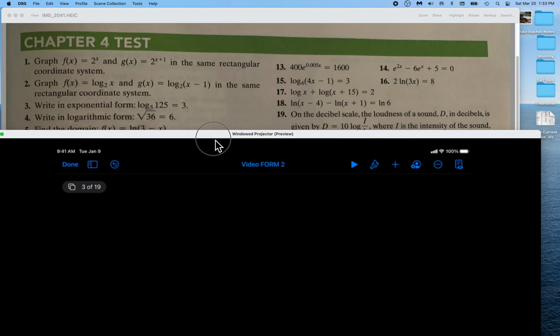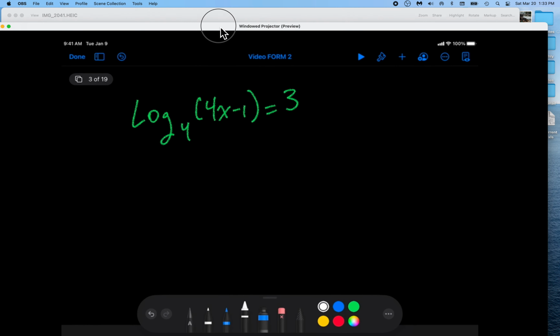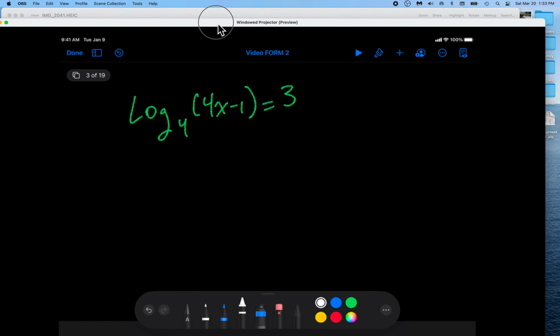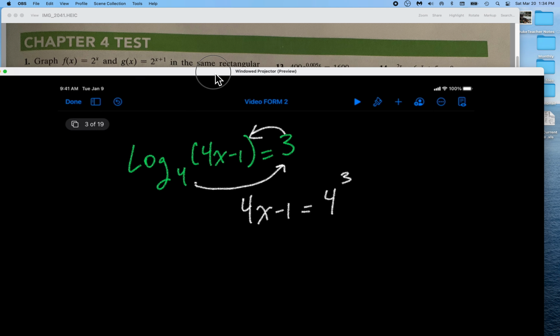Next is number 15. Looks to me, as I'm writing this down, that we're going to use whirlybird and solve for x. That's my intuition as I write this down. Did I miss 14? No. So I'm going to set 4x minus 1 equals 4 to the third power. I'm sorry, I wrote that down wrong, didn't I?